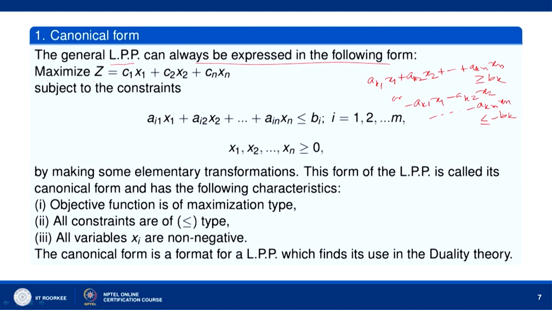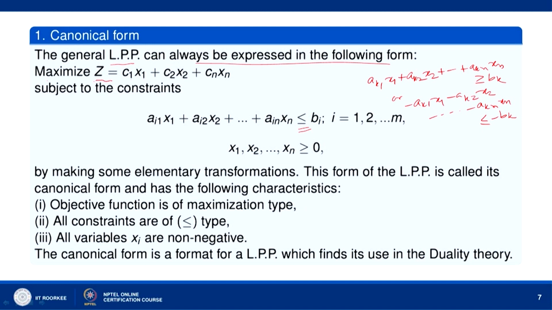So, all the constraints will have to be brought in the form less than or equal to. If there is any one which is greater than or equal to, then we multiply the whole inequality by minus 1 and bring it to the form less than or equal to.